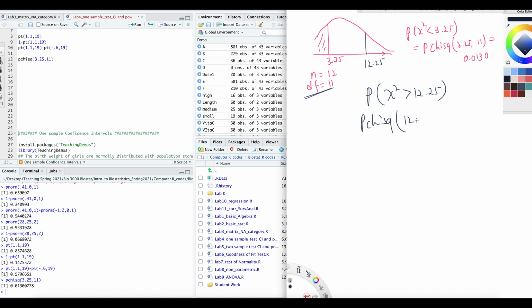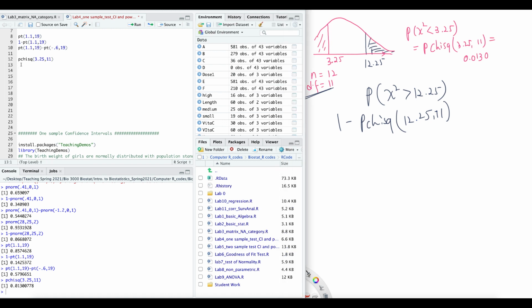So 12.25, it will find the area left of that. If you want the right area, you need to subtract the whole left area from 1. So with 12.25 and 11 degrees of freedom, if you do that, what do you get? You get 1 minus p chi-square of 12.25 with 11 degrees of freedom.